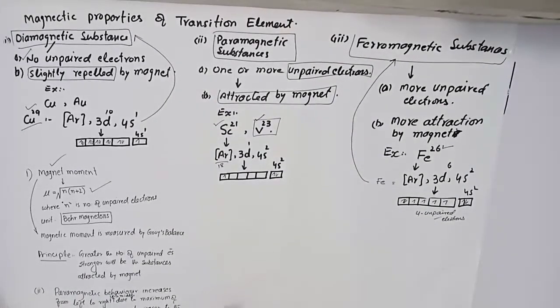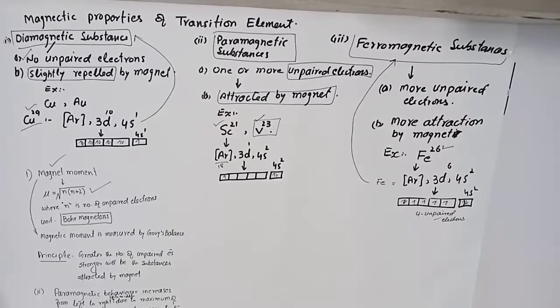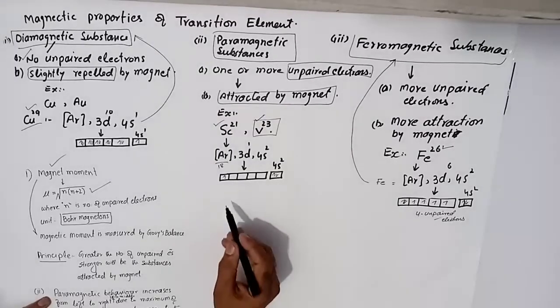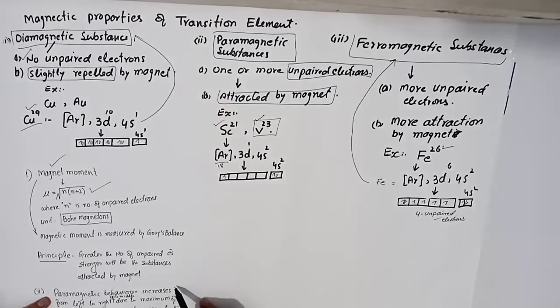An important question arises. As we have already mentioned, paramagnetic behavior increases from left to right up to the middle due to the maximum number of unpaired electrons and then decreases to the minimum number of unpaired electrons, then becomes 0 at zinc.